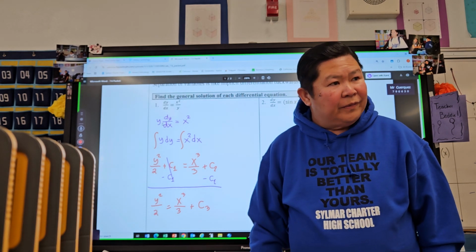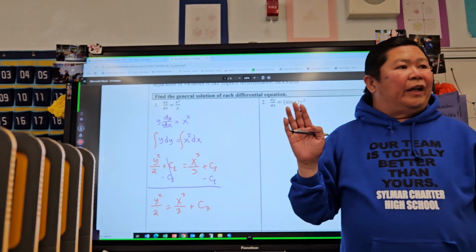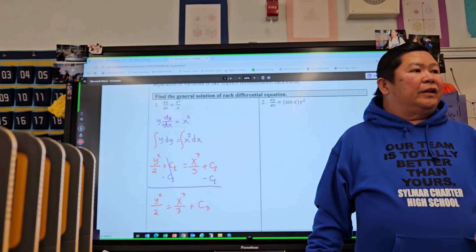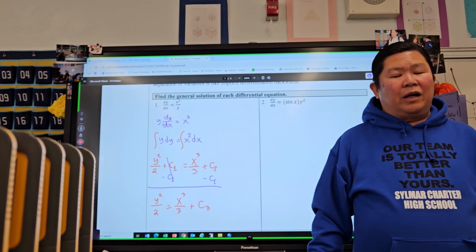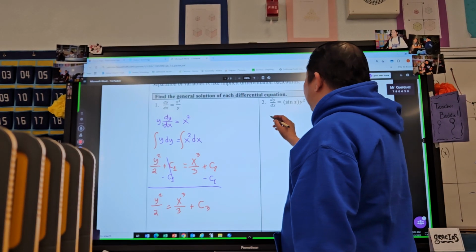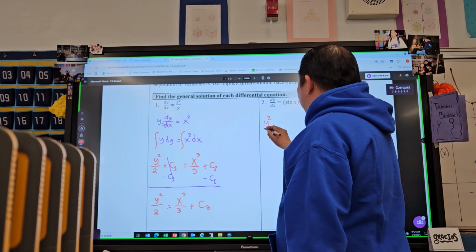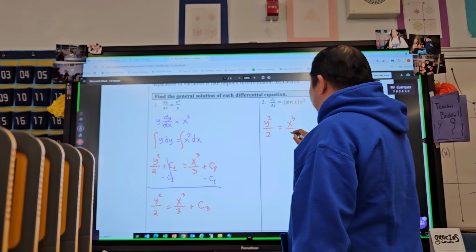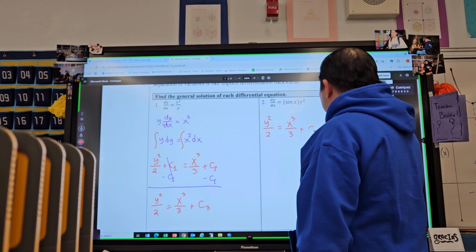Did you get me, guys? Again, just express constant 3 as a mere constant, so an ordinary constant. So we have y square over 2 is equal to x cubed over 3 plus c.